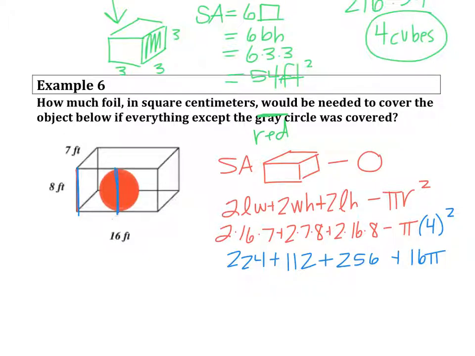Add them together. 224 plus 112 plus 256 is 592 plus, now 16 pi we'll have to do out because the 592 doesn't have a pi with it. 50.24, and together the 592 and the 50.24 is 642.24 feet squared. Remember, it's area because we're covering a 3D object with 2D paper.